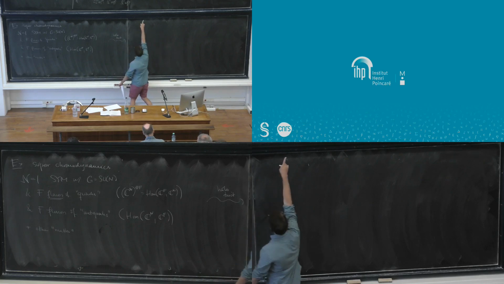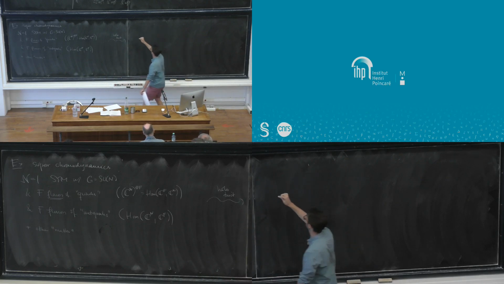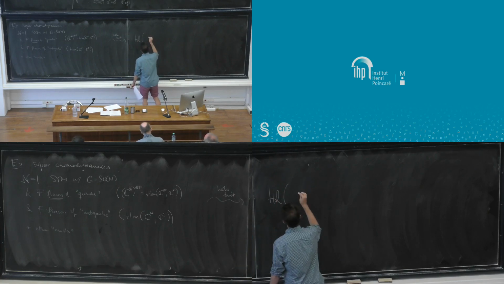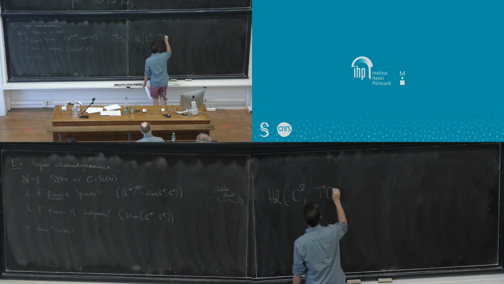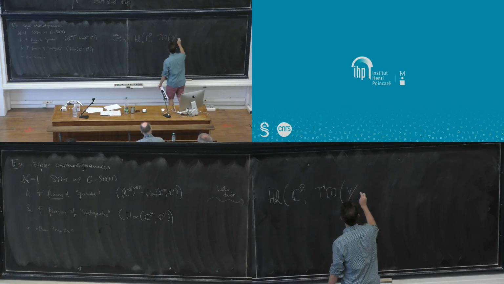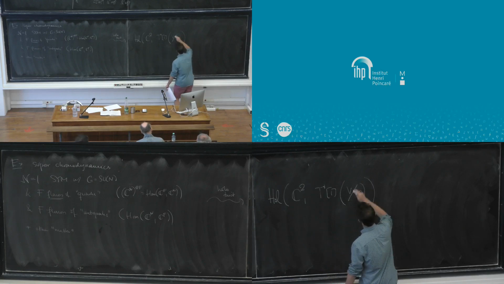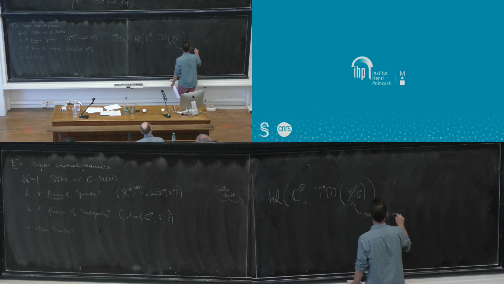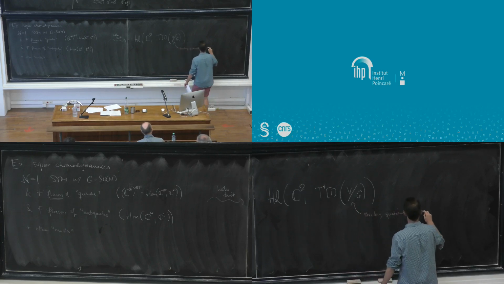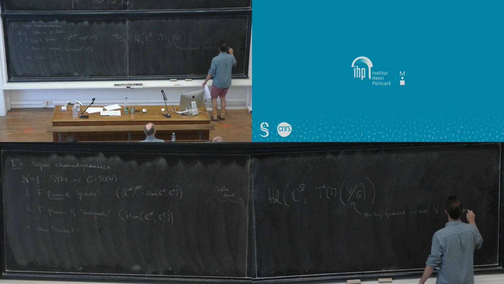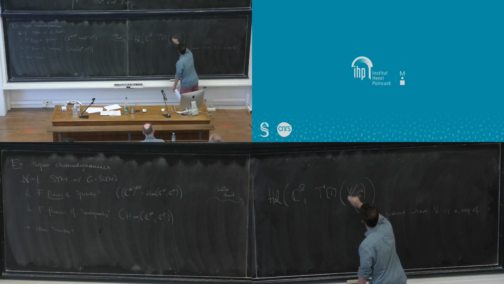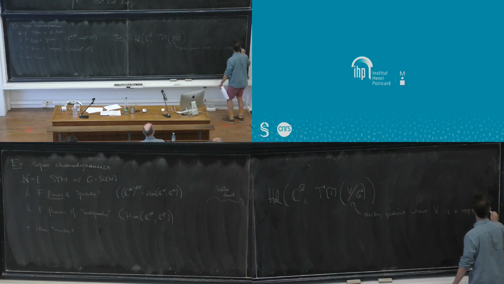Okay. Let me just tell you what the twist is, the holomorphic twist. I'm just going to tell you in terms of this moduli description. It looks like you're studying holomorphic maps, say from C^2, into the shifted tangent bundle of this stacky quotient, V over G, where V is a representation of G_C, the complexified group.